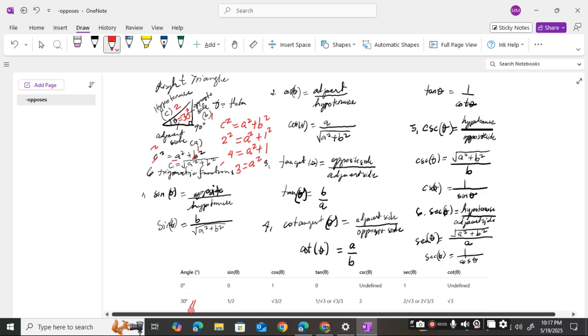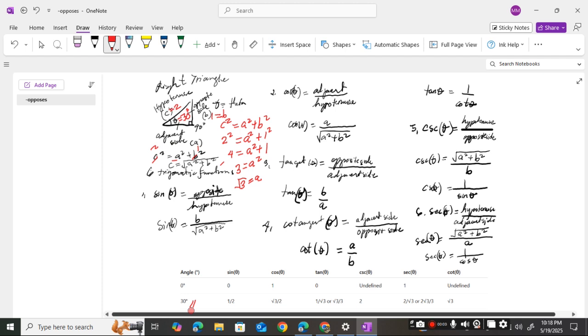Now for us to get the value of a, all we need to do is take the square root of both sides, so that's the square root of 3. So we have the value of a as square root of 3, our b is simply 1, and our c is 2.